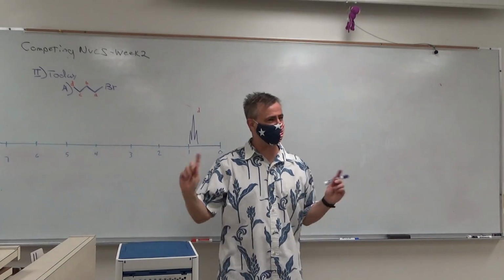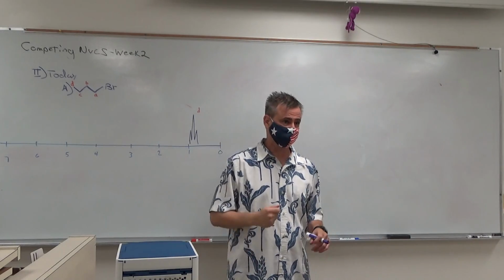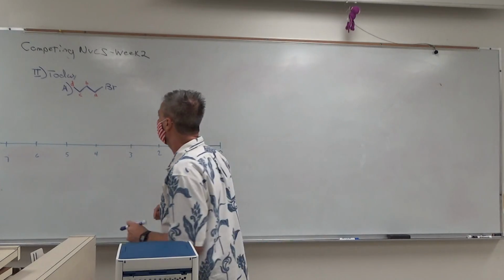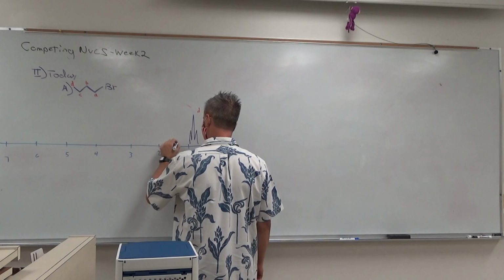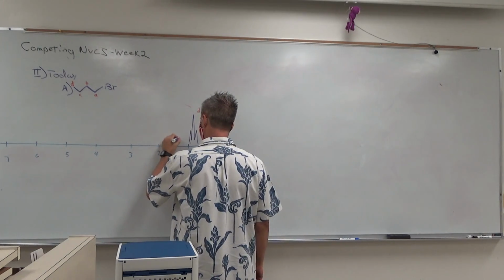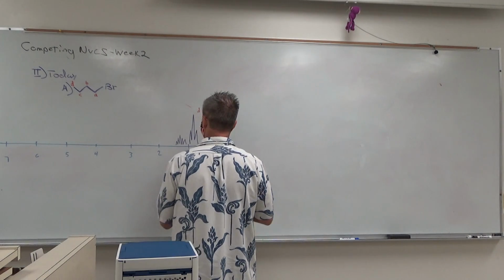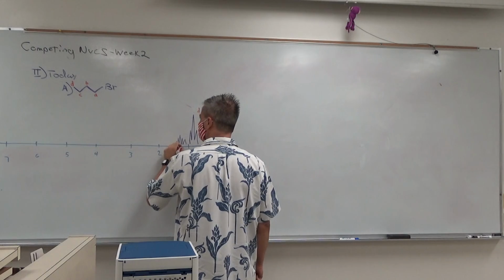They're different neighbors, and sometimes different neighbors have a different effect. Not today. They have the same effect, so we can just use the simple n plus 1. So sextet, it'll be right here. So that's C.